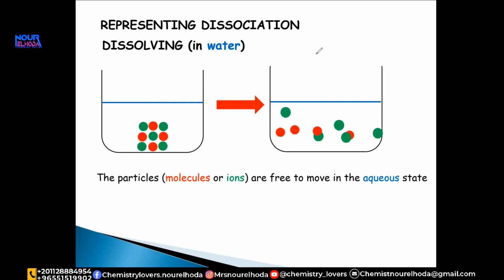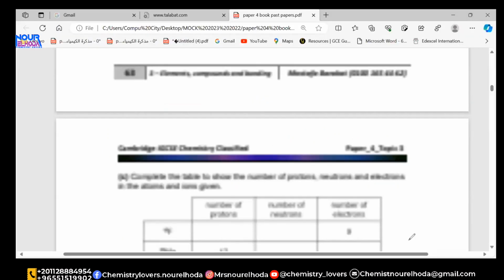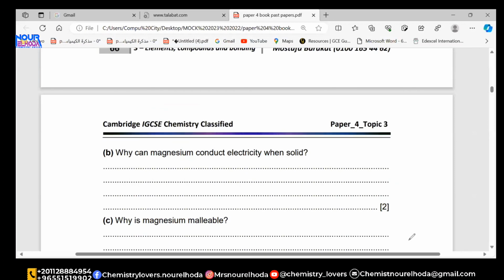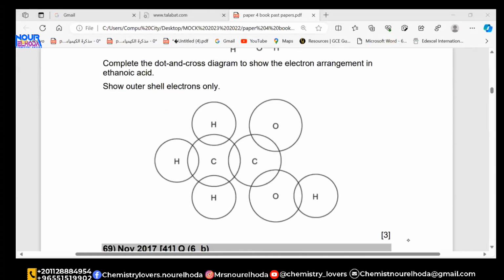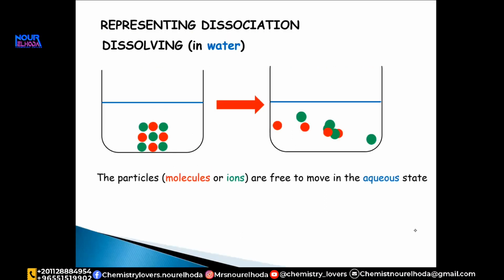Let's continue. Yes, you don't understand? Which part don't you understand? This one? As long as the ions are connected to each other, they will never conduct. For this substance to conduct electricity, the ions must be moving freely, meaning moving away from this.